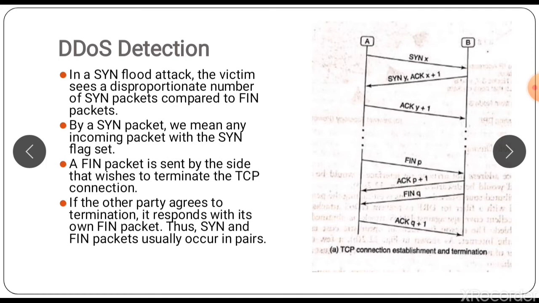TCP connections that terminate normally usually involve one SYN packet from the client and a corresponding FIN packet to initiate and to terminate a connection. Thus, the total number of incoming SYN packets should equal the number of incoming FIN packets.